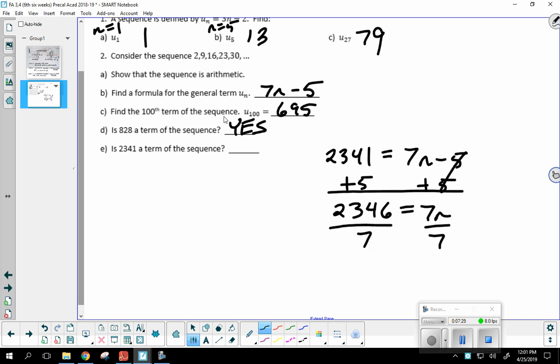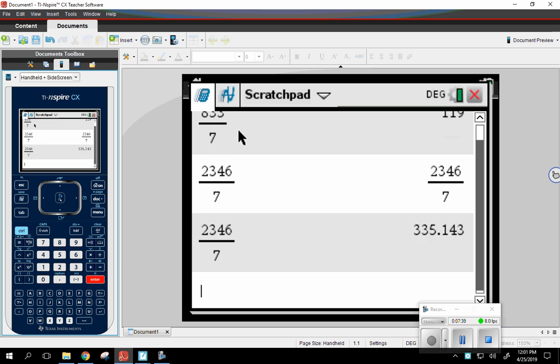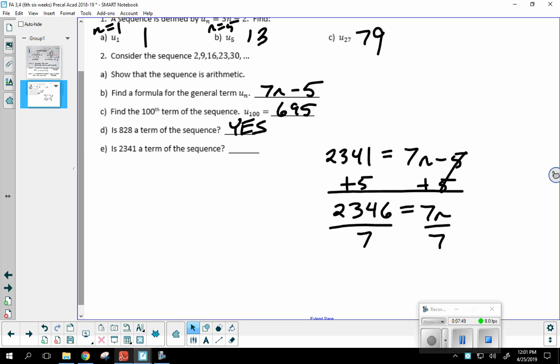Brandon's saying no, so I'm guessing we're going to get a decimal. 2346 divided by 7. Because it's giving me a decimal, that means no. In fact, this number should be between the 335th and the 336th term. Because we got a decimal, I will not find that number if I continue the sequence.